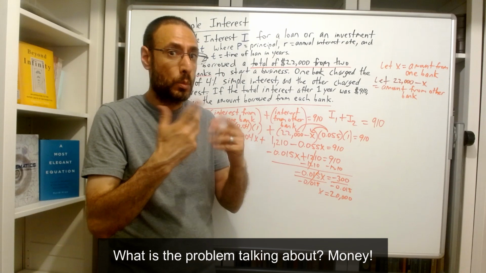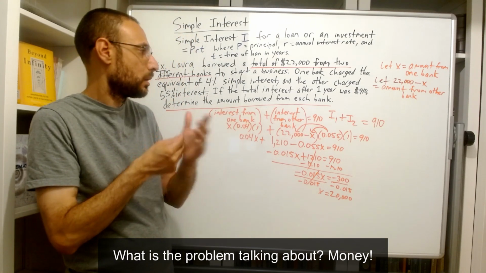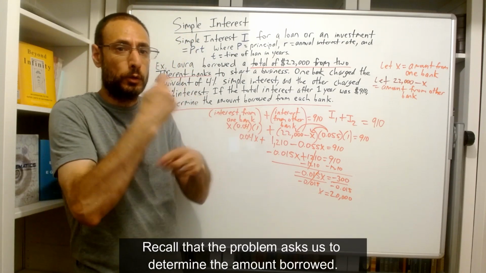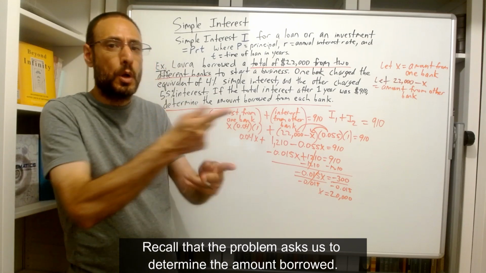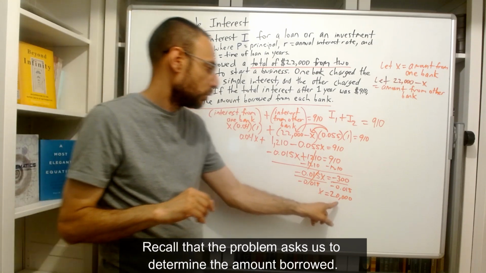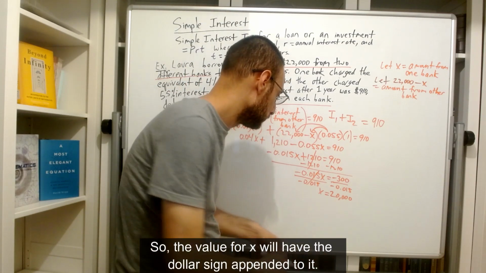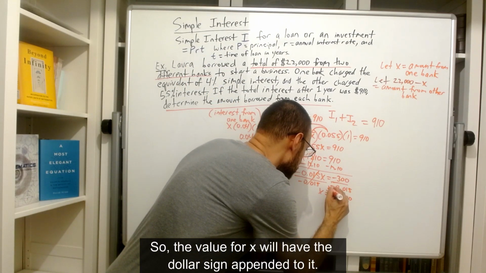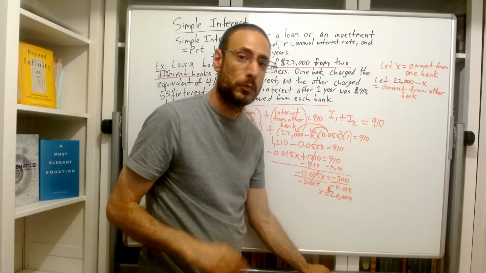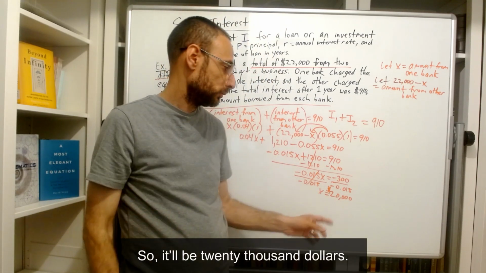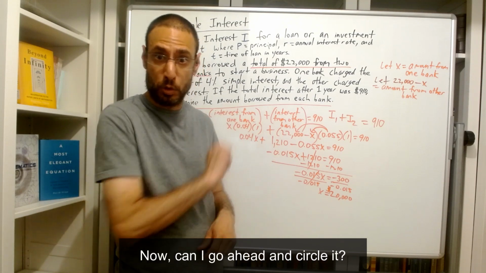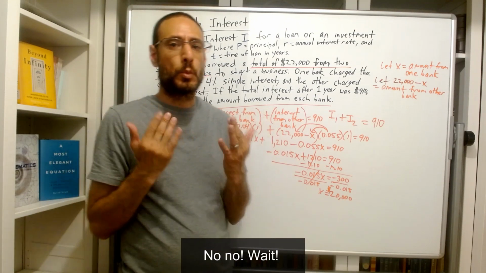What is the problem talking about? Money. Recall that the problem asks us to determine the amount borrowed. So, the value for x will have the dollar sign appended to it. So, it'll be $20,000.